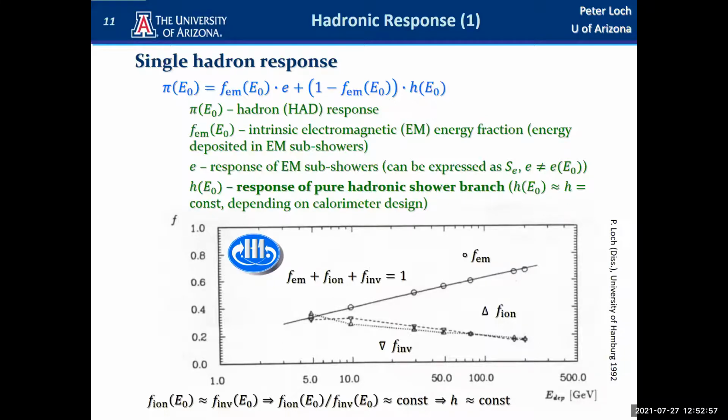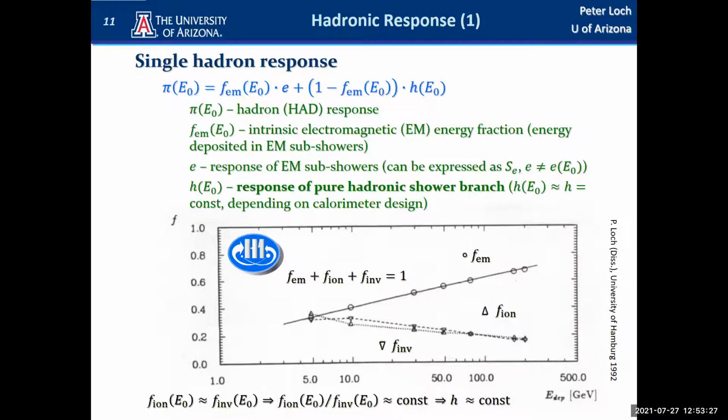You should have an idea what your response will be. And from this, you can calculate some famous specifiers for calorimeters, like the E/pi ratio, the electron to pion signal ratio, and then the E/h ratio, the electron over hadron signal ratio, which is not the same as E/pi because it reflects only the part that is a pure hadron.